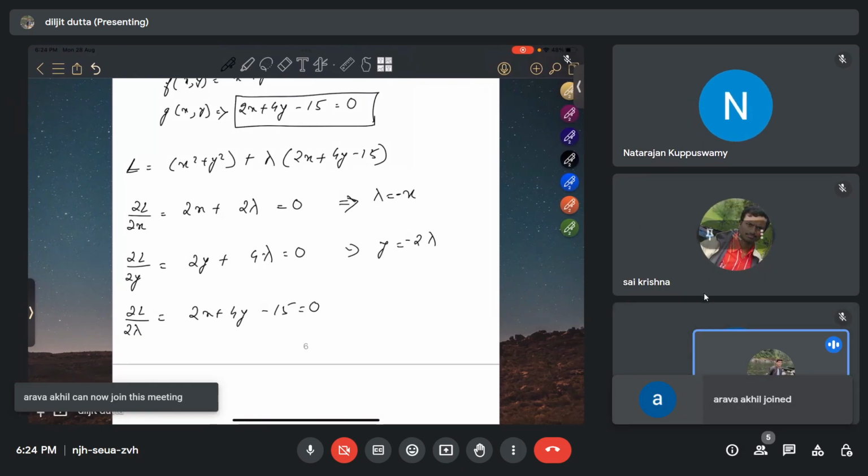So now we can substitute x and y in terms of lambda here.